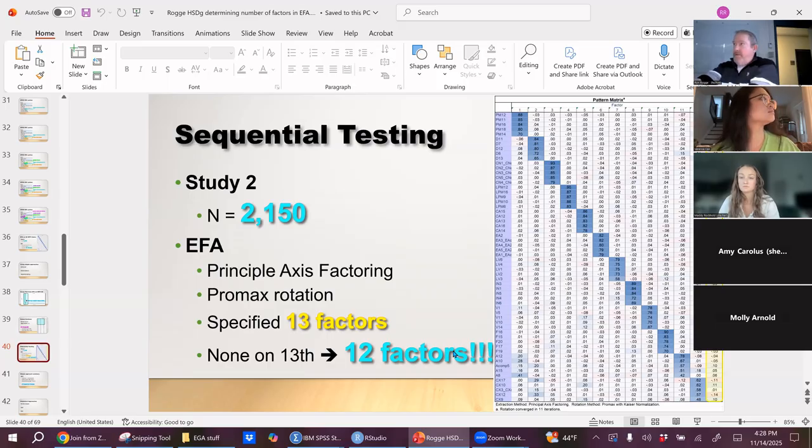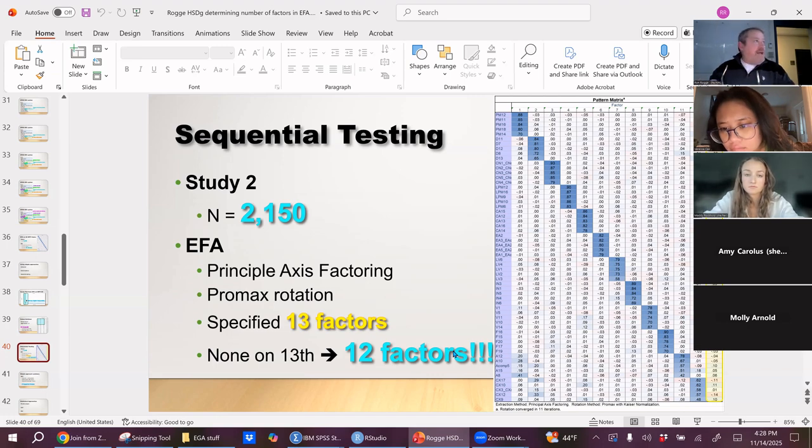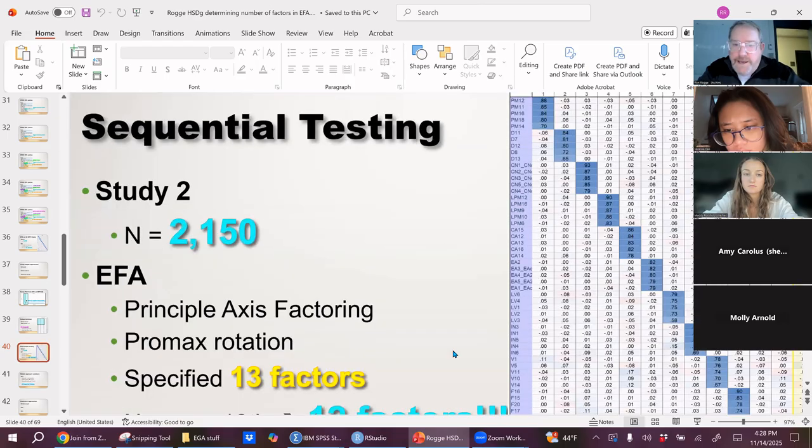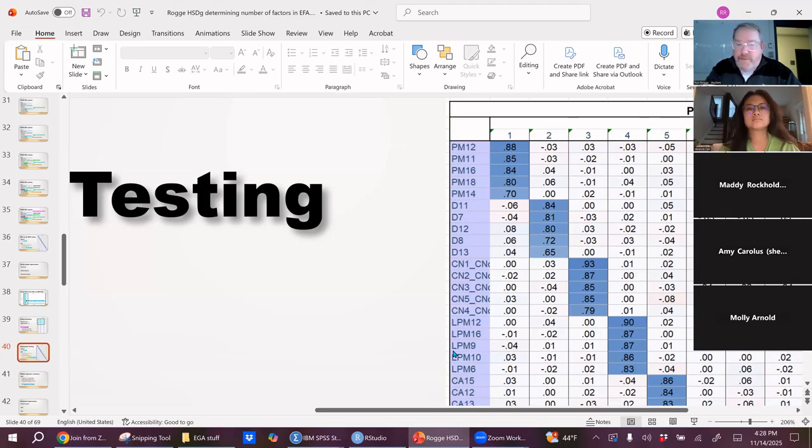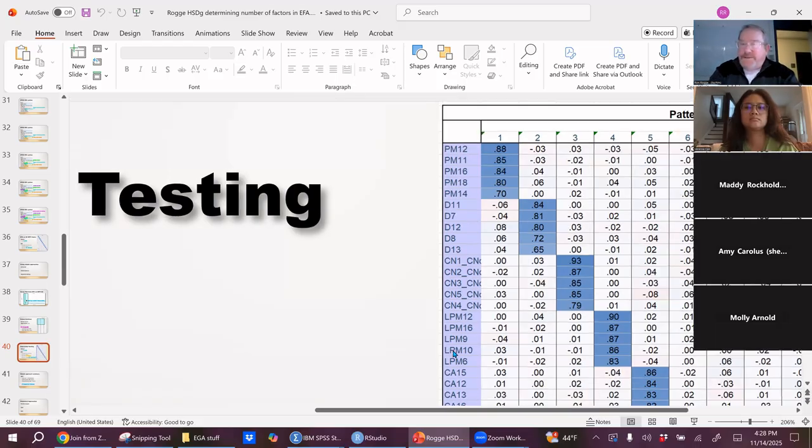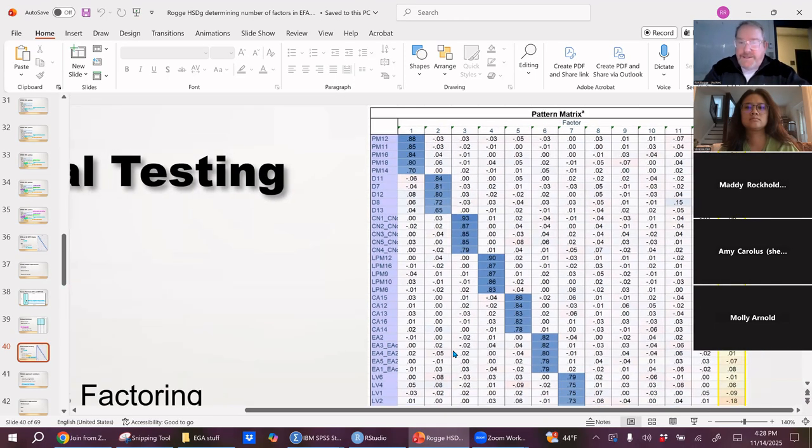So the other factors have loadings greater than 0.5? Yeah. The lowest loading, I think one of them is like 0.48 or 0.42, but most of them are like 0.7 to 0.88, 0.65 to 0.84, 0.93 to 0.79, 0.90 to 0.83. And then the rest of the numbers are just 0. Does that make sense?